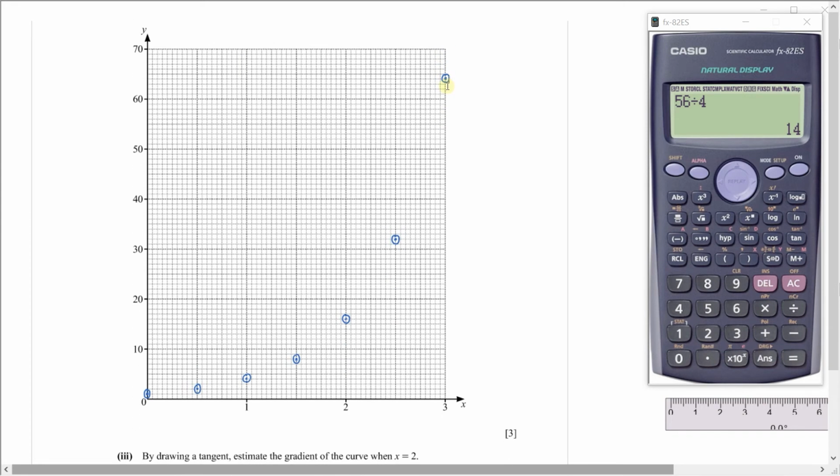So now you have to draw a smooth curve to connect these points. So this is how your curve will look.